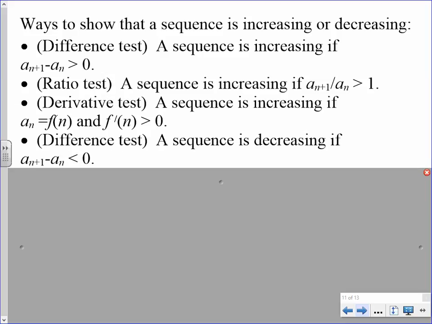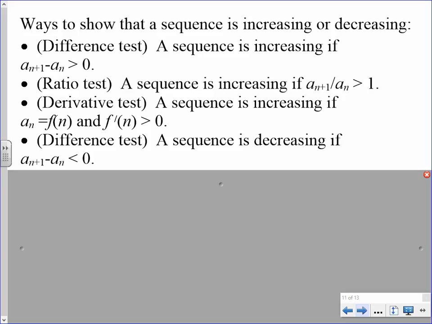What about if we wanted to use the difference test for decreasing? Then it would be less than 0. A sequence is decreasing if that difference is less than 0.